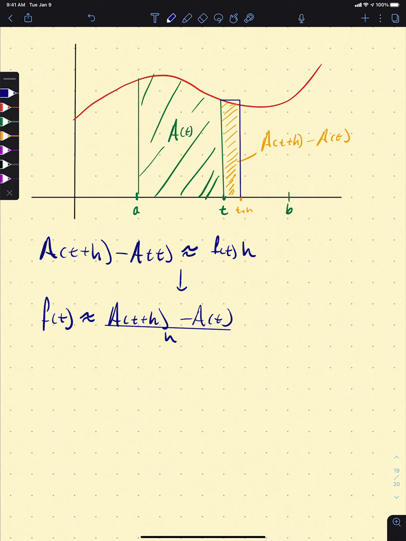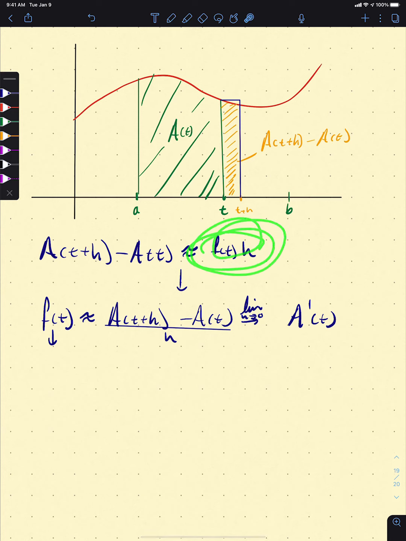And as this limiting process happens, as h gets closer and closer to 0, what happens? Well, if we take the limit as h approaches 0, this is A prime of t. This is the definition of the rate of change of my area. And as h approaches 0, this is a better and better approximation.